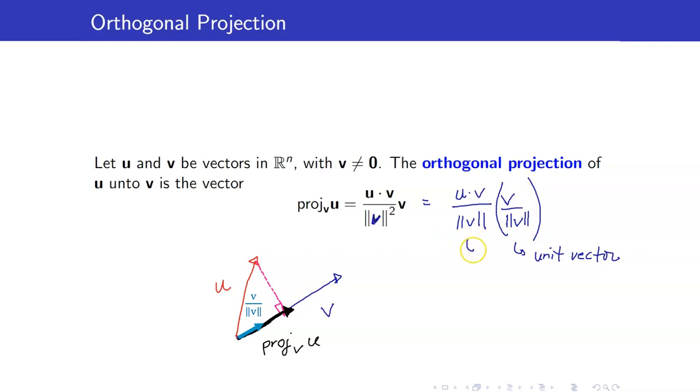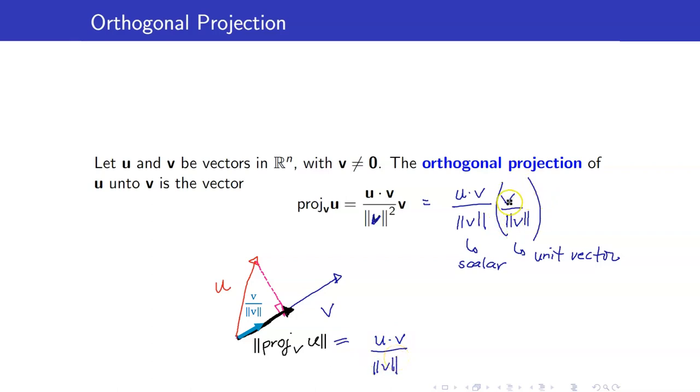This is just a scalar. So a scalar times a unit vector, what will be the length? It's equal to this scalar here, correct? So hence, if we look at our diagram here, the length of the projection of U onto V is equal to the dot product of U and V over the norm of V.